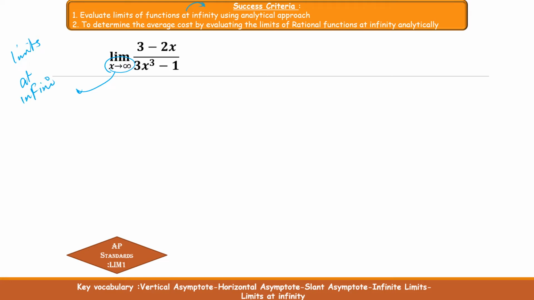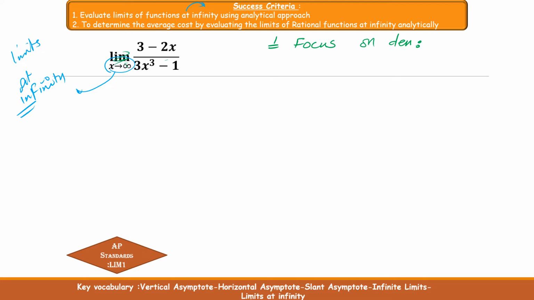Here we will see how we can solve these, and you can check your answer with the knowledge of the horizontal asymptote cases. Whenever a limit at infinity is given, the first thing is that you focus only on the denominator.